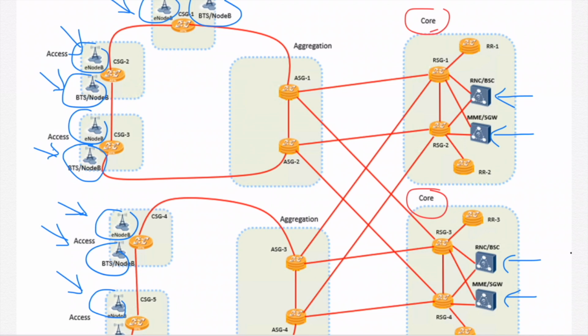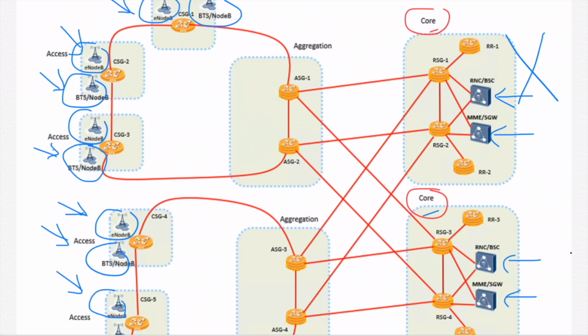The IPRAN network must have different core sites to be able to support disaster recovery in case of a total failure in one of the core sites. Another core site can carry the services affected by the failure of the first core site.